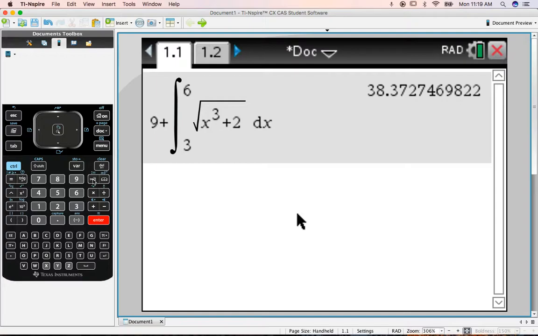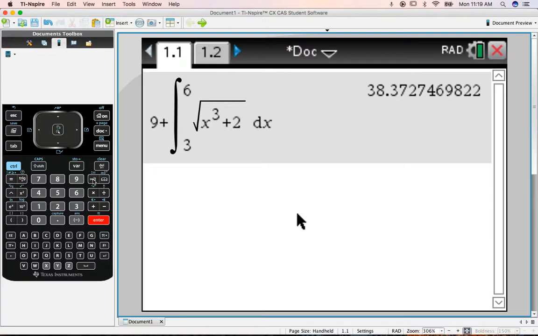38.373, okay? Since that's my answer, I'm going to round it to 3 decimal places. Now you can round or truncate. Truncate just means you cut it off. So if I'm truncating, the answer would be 38.372 because I just write the first 3 digits of the decimal and I'm done. But if I want to round it, either one's going to be correct because AP allows within one 1/1000th of a point for your answer.